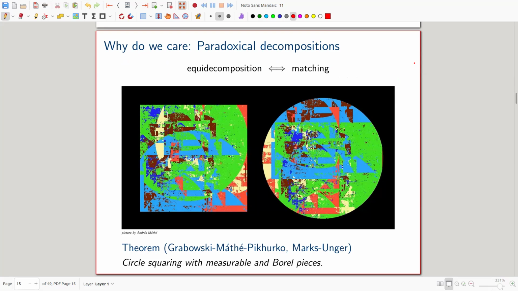If you manage to find, say, a Borel perfect matching in that graph, which you can think of as a generalized coloring problem, then you can do a perfect matching with nice pieces. This has been achieved by Grabowski, Máthé, and Pikhurko with measurable pieces, and Marks and Unger with Borel pieces later on. And you can even see this picture that you can square the circle with relatively nice pieces. So this is one reason people care about solving graph theoretic problems in a nice manner on nice graphs, so in a Borel manner on Borel graphs.